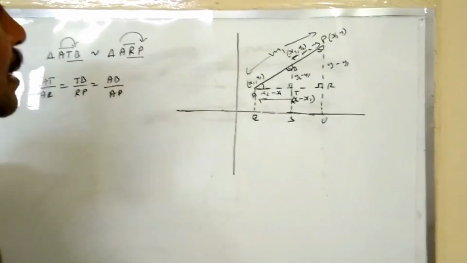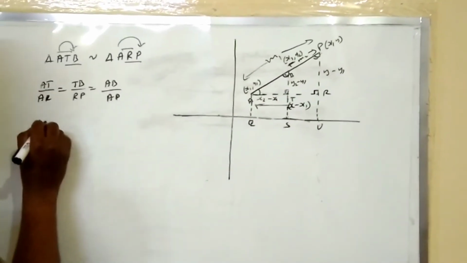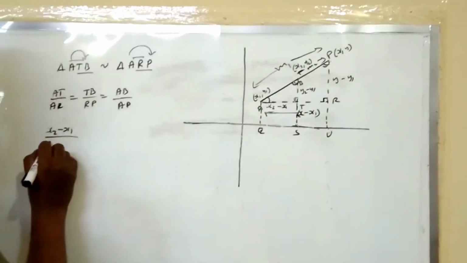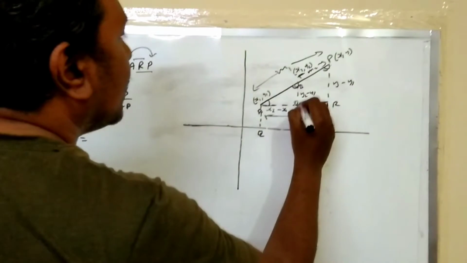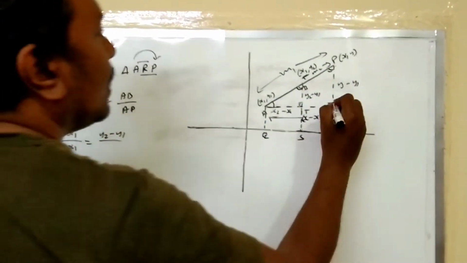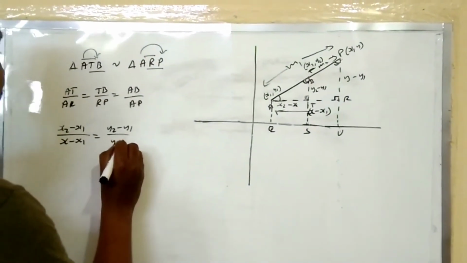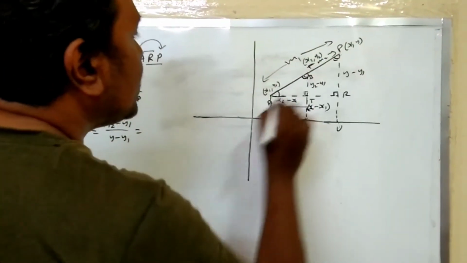Now AT is x2 minus x1 by AR x minus x1. TB is y2 minus y1, RB is y minus y1, is equal to AB.